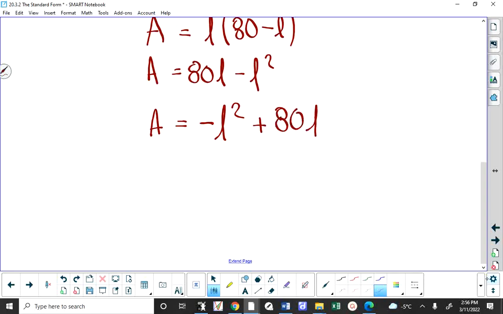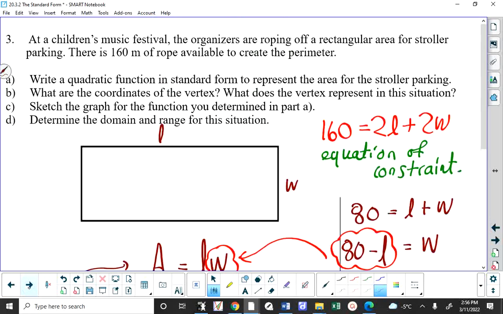Definitely. Okay. So if you look at the rest of this question, what are the coordinates of the vertex? You know what? Let's not do C and D. I don't care about C and D. What are the coordinates of the vertex and what does it represent? We just have to graph it and find the coordinates of the vertex.